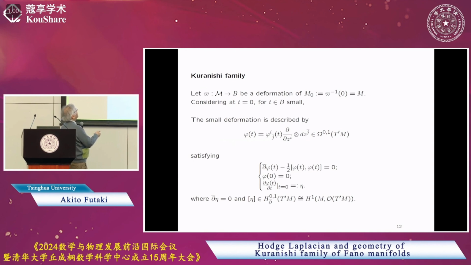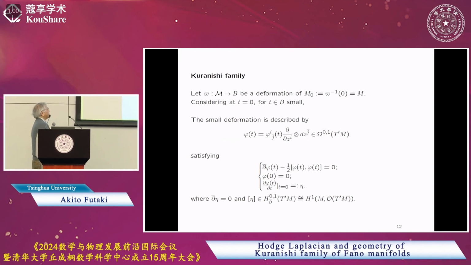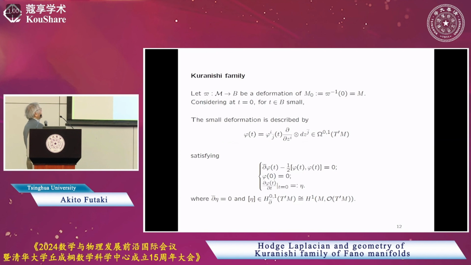This is the infinitesimal deformation of complex structure. The small change of complex structure is described like this. Tangent vector 0-1 form, and it satisfies these three conditions. So the starting point must be M0, so it must be 0, and this equation is just the integrability condition of the almost complex structure defined by this phi t. So it's a sort of Newlander-Nirenberg theorem.